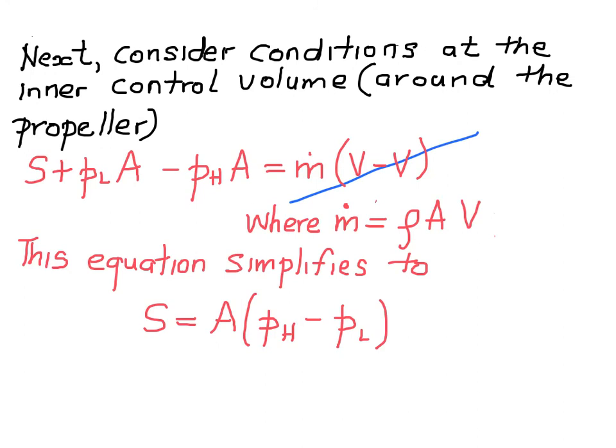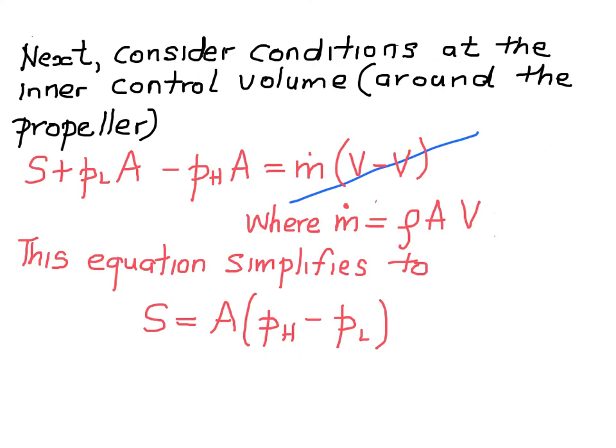So this equation now simplifies to the momentum force acting on the air being equal to the area multiplied by the difference in pressure. Remember, this S is the momentum force acting on the air.